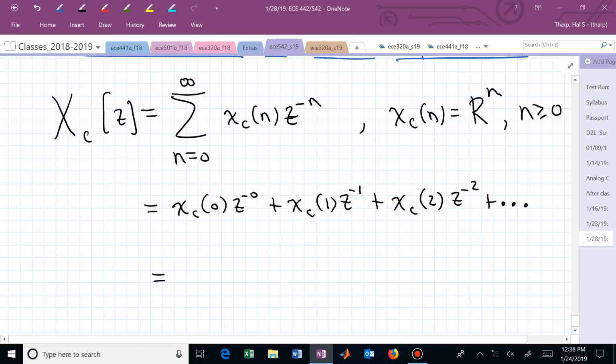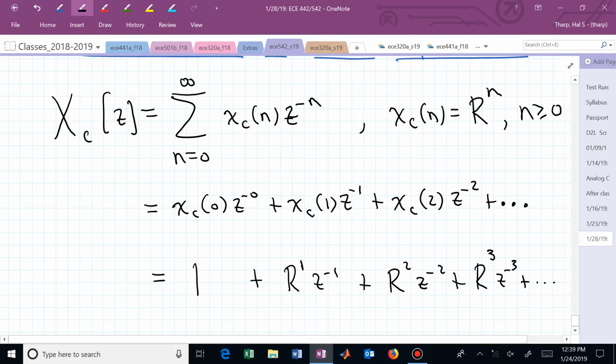We raise r to the 0, and what do we have? Well, whatever r is, raised to the 0 power gives us 1, plus x sub c at 1, well, that's just r to the 1, z to the minus 1, plus r squared, z to the minus 2, plus r cubed, z to the minus 3, etc.